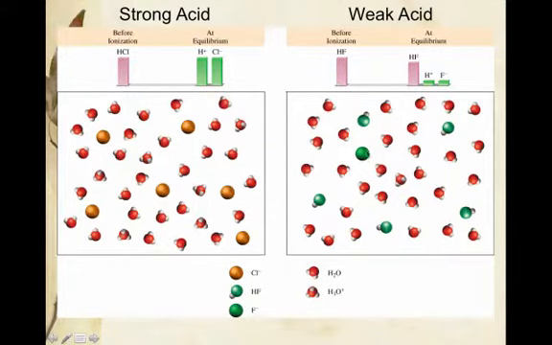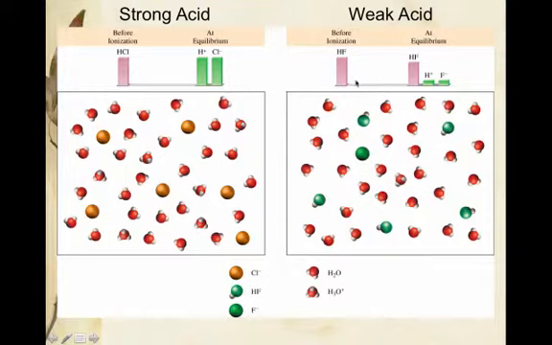Whereas in a weak acid, the green is fluorine, and then white and red are hydrogen and oxygen. But there are some HF that are still bonded together here. There's a very, very small percentage that actually dissociate. So there's a fluoride ion, and here's the hydronium ion from that.